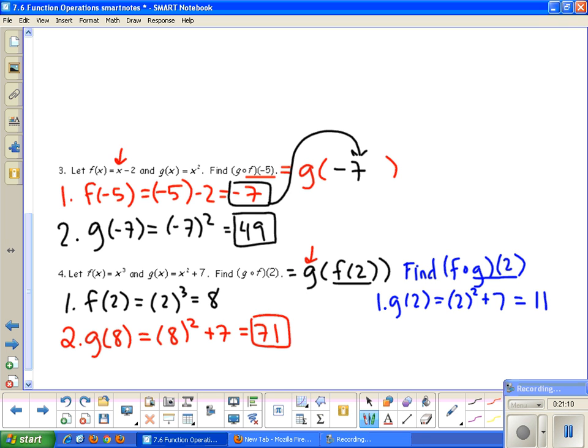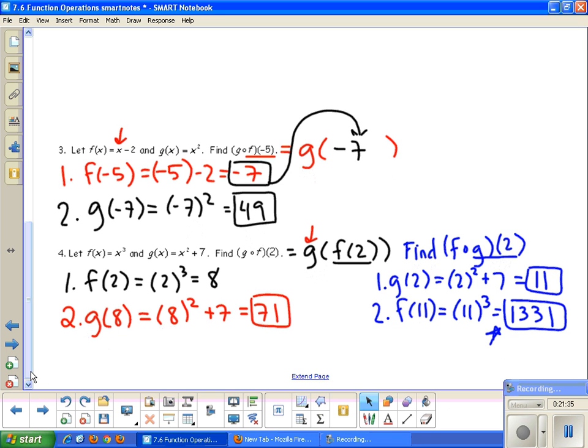And then my outer function in this case would be f, so I'm plugging this into my equation for f. So that would be f of 11, which would then be equal to 11 cubed, which is equal to 1,331. So this would be my answer.